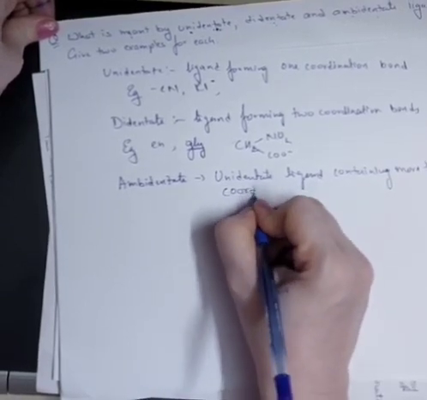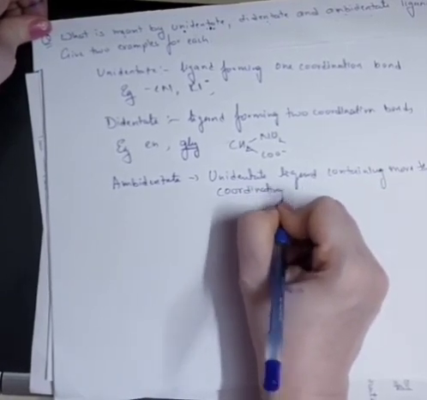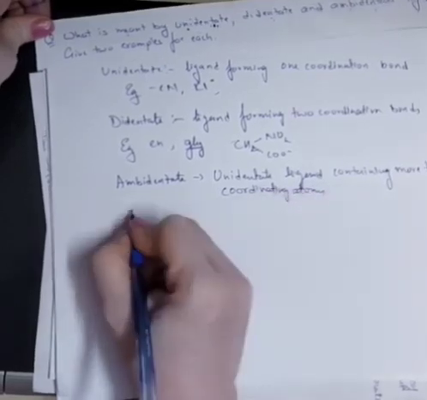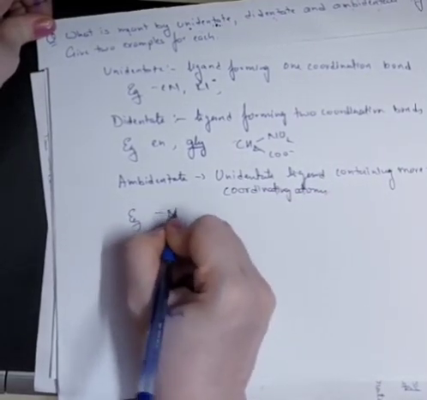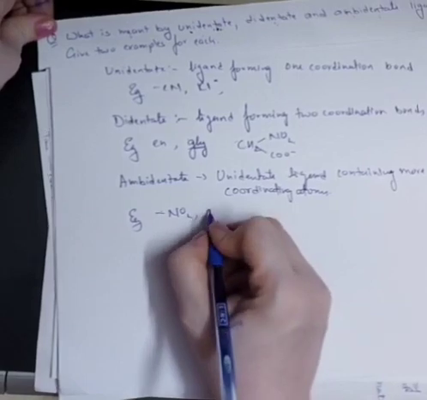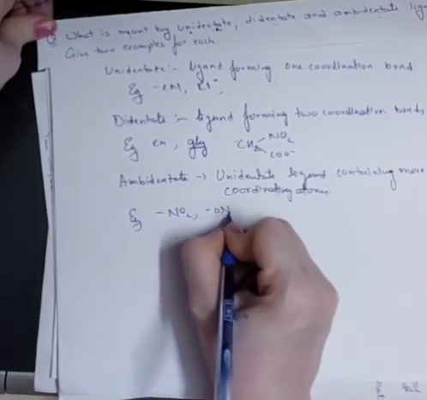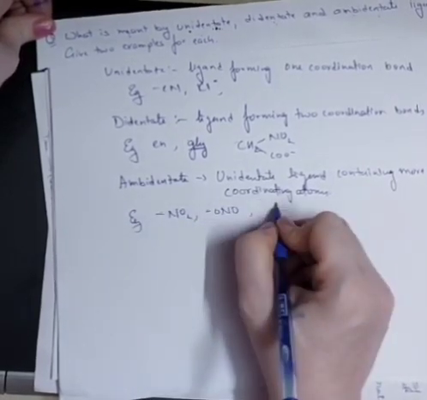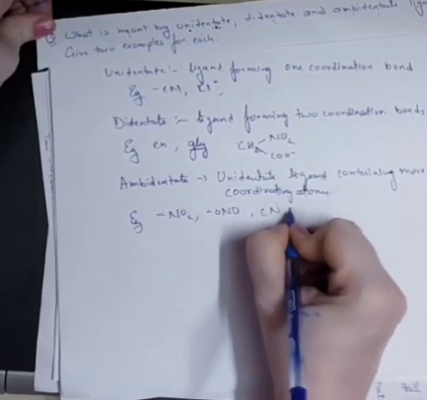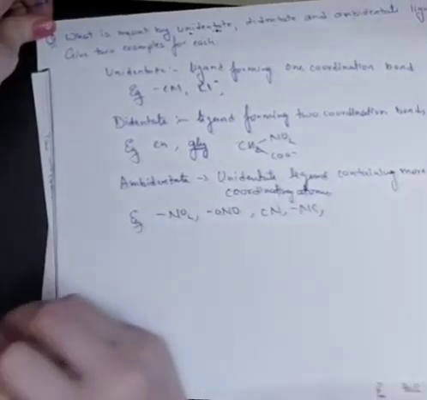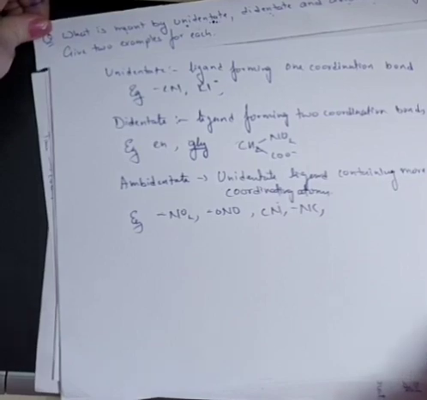Example, NO2, or we can say ONO. Another is CN or NC, like that. I hope this topic got clear to you.